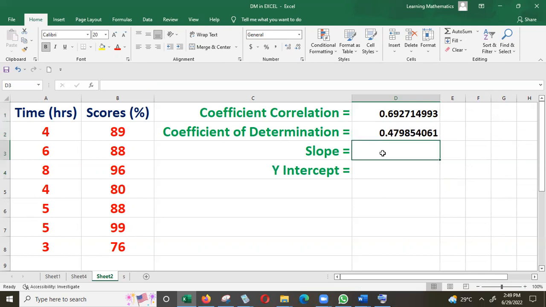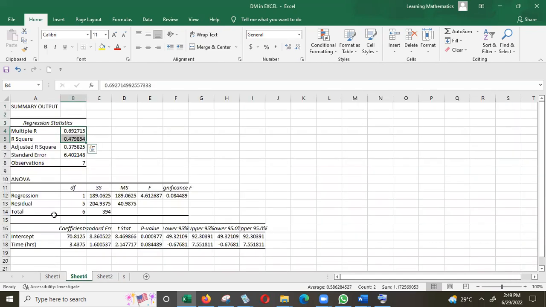What we want to know is the slope, the gradient, and the y-intercept, C. So let's go back to where Excel gives us the output with the values. The y-intercept is labeled here. The y-intercept is 70.8.